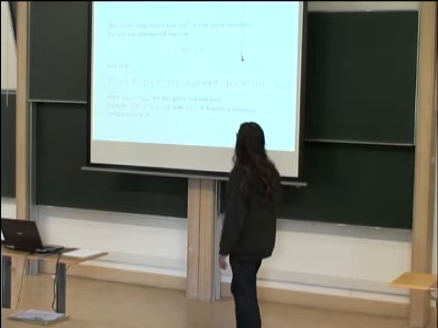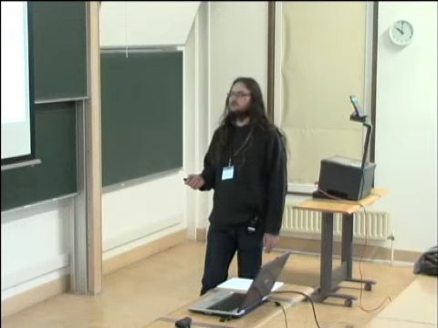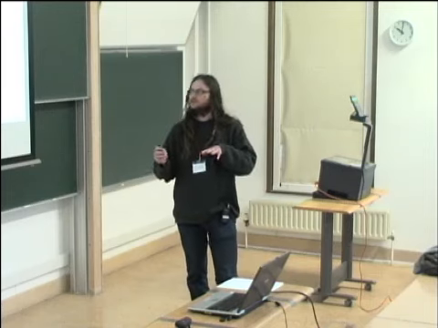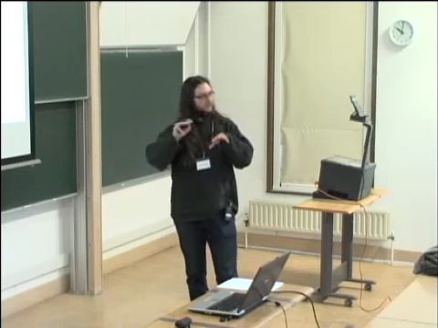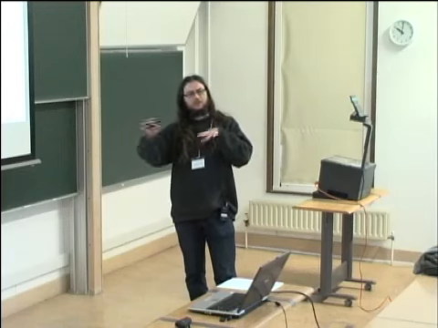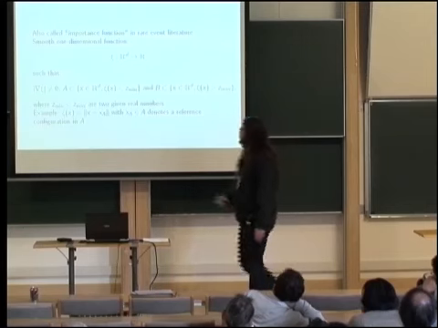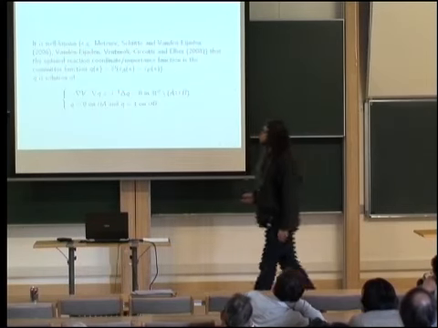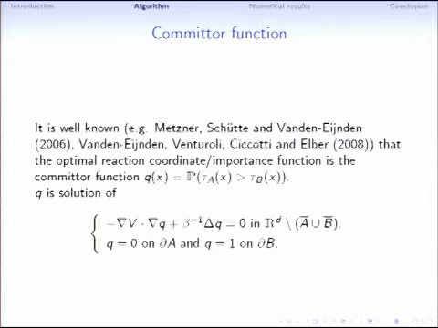A simple example can be just the distance from the current configuration to some reference configuration in A. So we are going to force the particles to go outside A and hopefully reach B in this case. Just to remark here that it is well known that there is an optimal importance function.